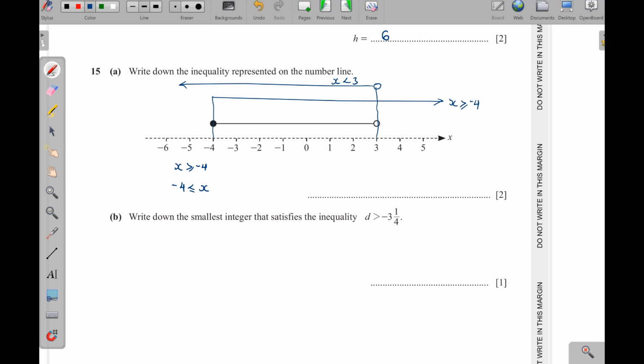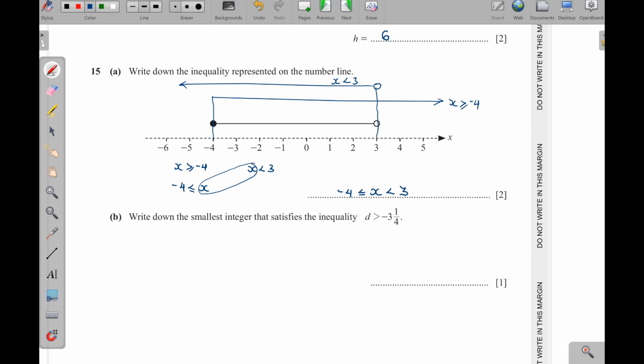If I'm older than you, then you are younger than me. Not so? Then this other one here is x less than 3. So if I merge these two and then I just write 1x, we shall have negative 4 less than or equal to x less than 3.